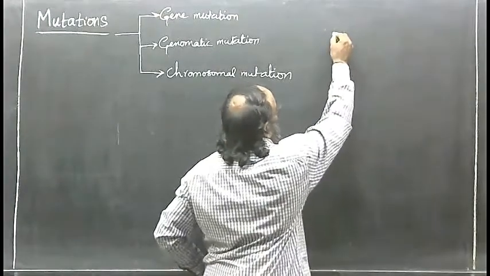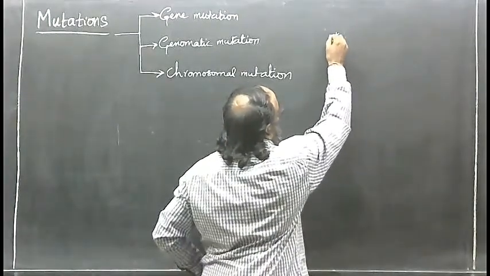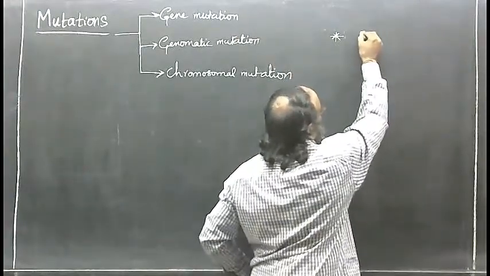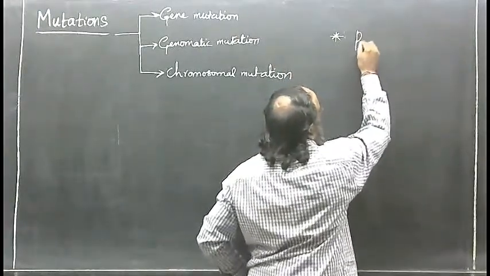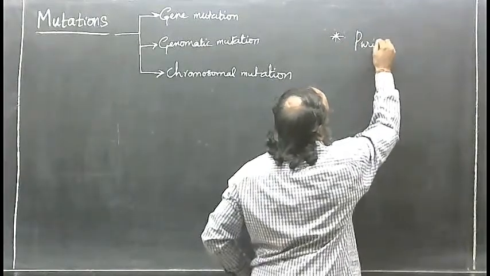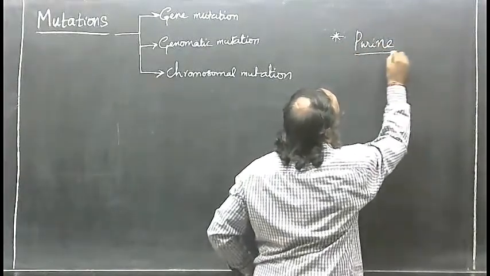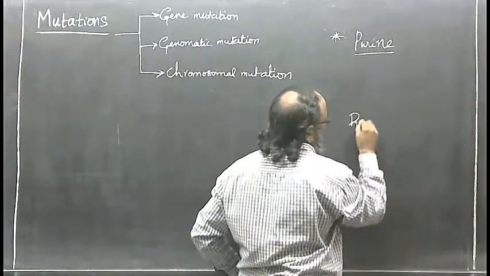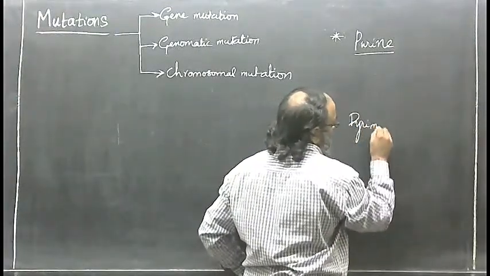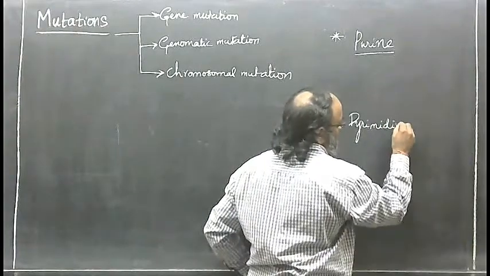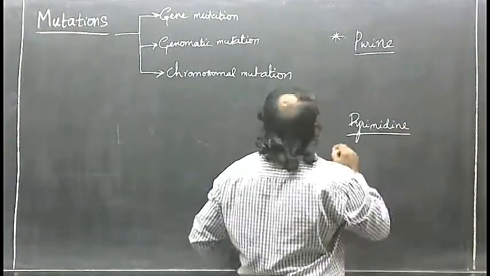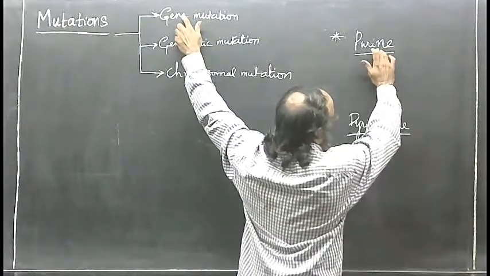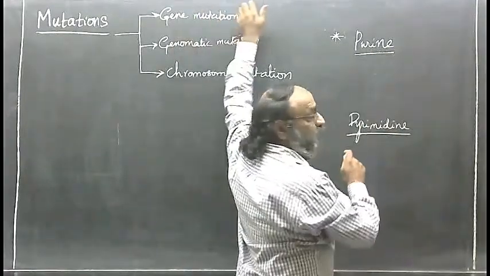For better understanding of gene mutation, we must be able to recall which are purine bases and which are pyrimidine bases.